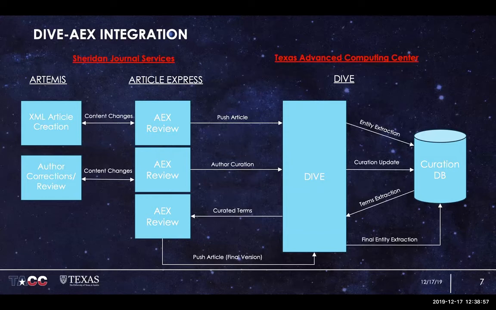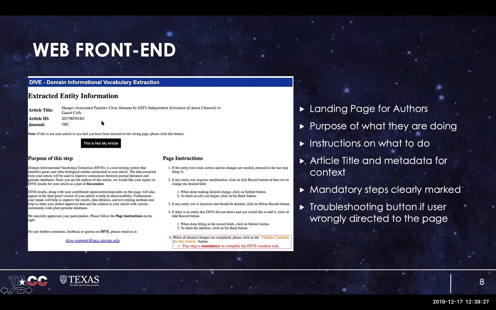So this is an overview of our integration with the publisher's web service. I'll briefly explain how it works. Someone submits an article to one of these journals, and they internally create an XML representation of this article.